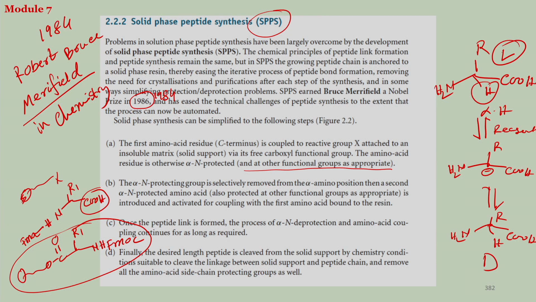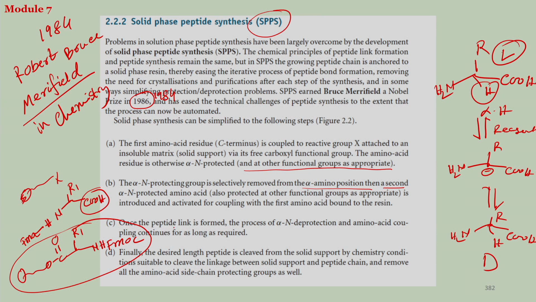Next step is the removal of the FMOC group, as I have shown before, that it can be removed by using piperidine from the alpha position, and then a second alpha N protected amino acid is introduced and activated for coupling with the first amino acid bound to the resin. So, this would be coupled.